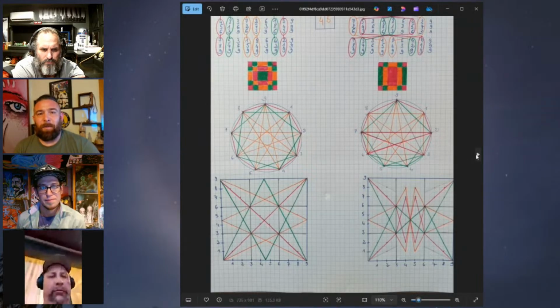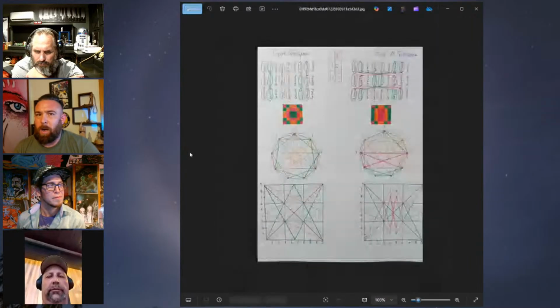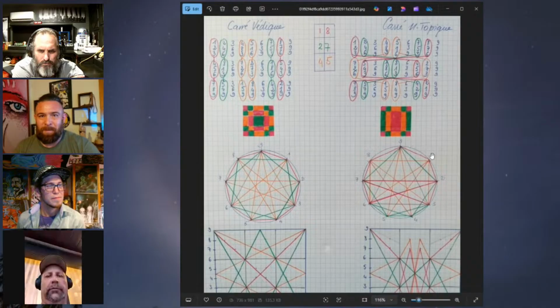Follow what's going on here: 4 goes to the 8, which is double, and 5 goes to the 1. And what is the 1 in that circumstance when it makes that connection to create the third vector? 10. See? The 9 count goes to the 10 count, the creation of the third vector.